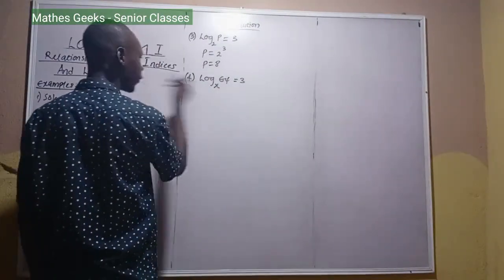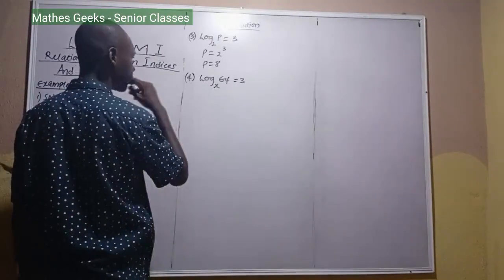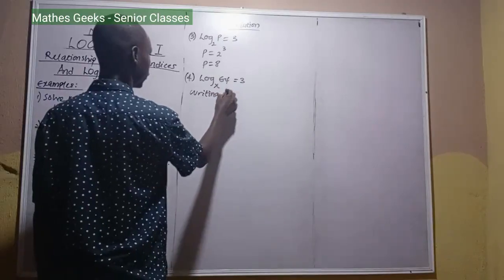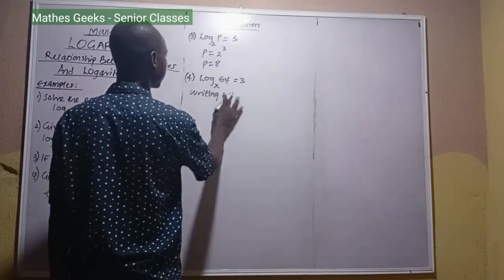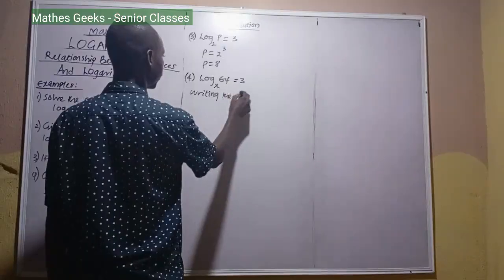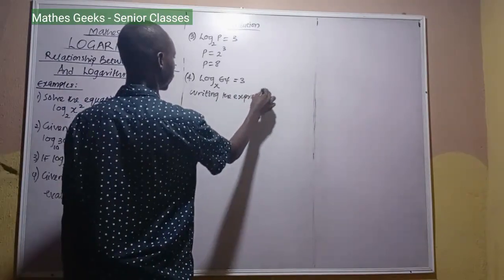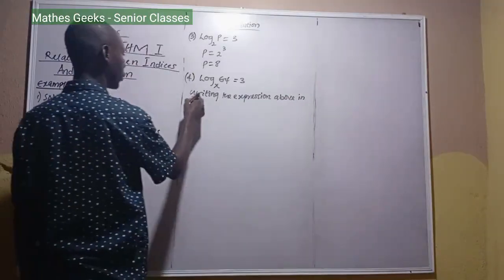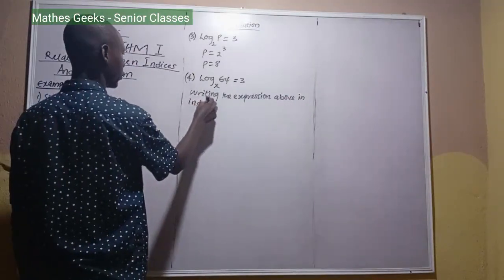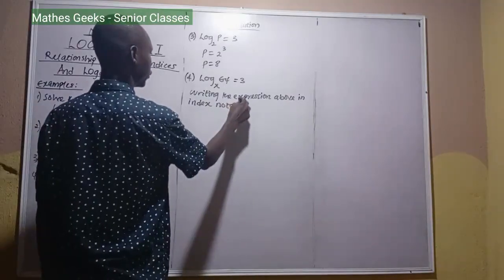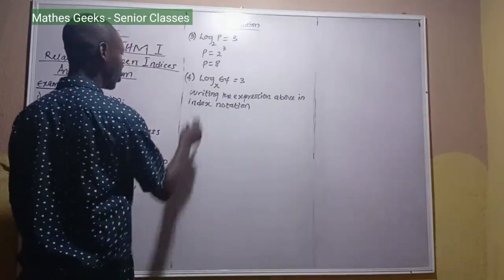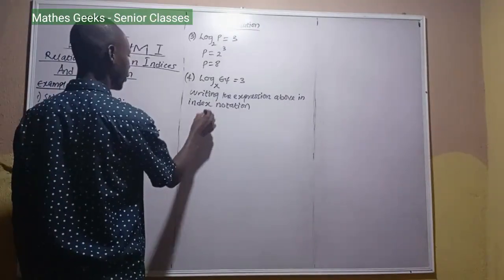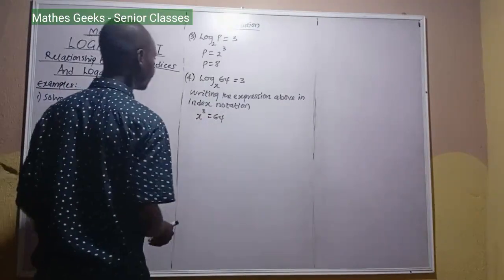So log 64 to the base x, I'm going to write this in index notation. Writing the expression above in index notation, we're going to have x raised to the power 3 is equal to 64.